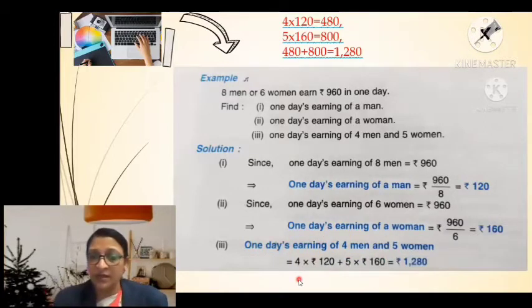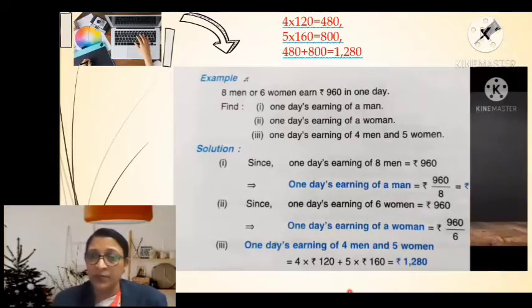So 1 day's earning of 4 men and 5 women is 4 into 120 plus 5 into 160. That is 480 plus 800 equal to 1280.